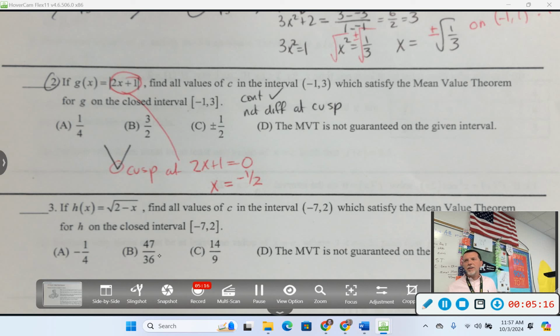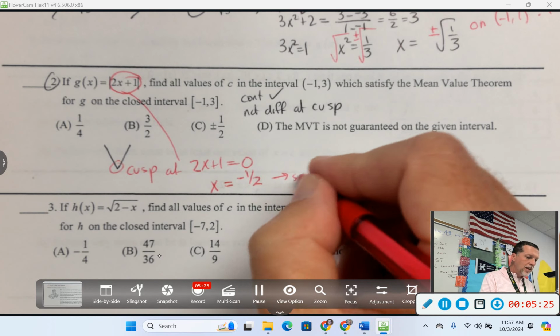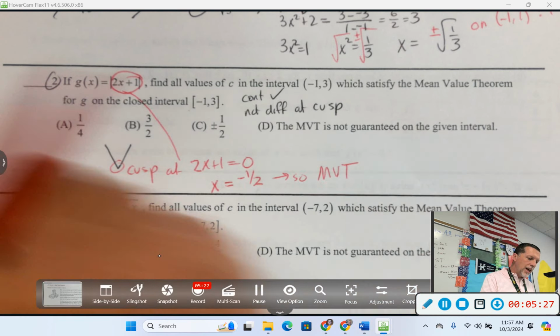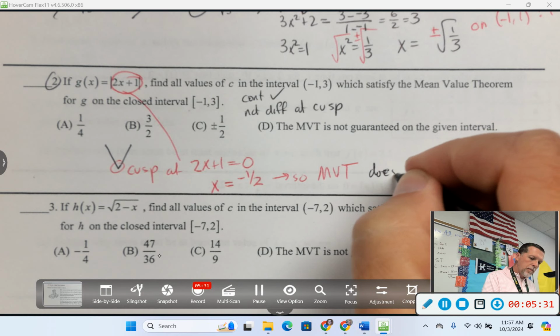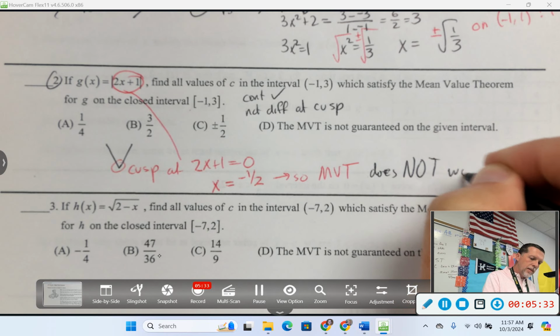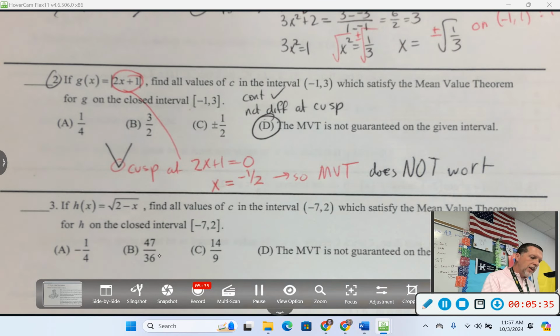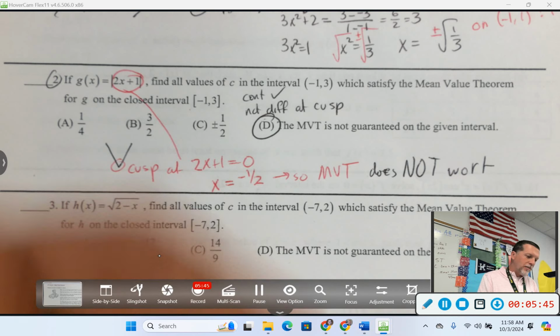Is -1/2 in the interval? Yes. So what am I saying about MVT? MVT does not apply. So that means the answer is D, and I don't have to do anything. My guess is if you did the AROC equals IROC, you'd probably get one of those answers, but we shouldn't go that far. This doesn't work.